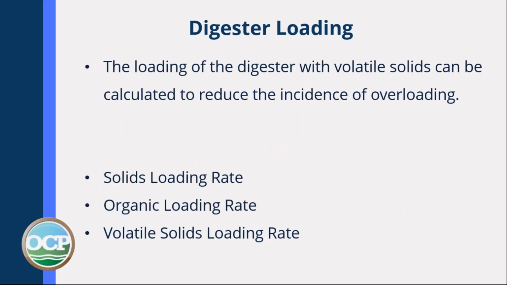The loading of the digester with volatile solids can be calculated to reduce the incidence of overloading. You can calculate the solids loading rate, the organic loading rate, and the volatile solids loading rate.